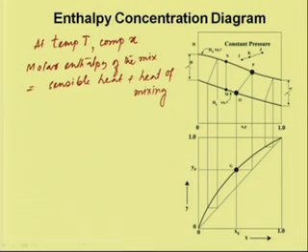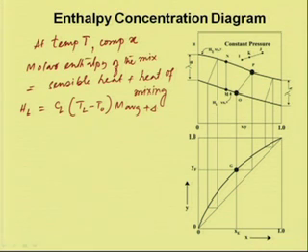And this we can calculate using HL equal to CL into TL minus T naught into M average plus delta HS, where HL is the molar enthalpy at TL.